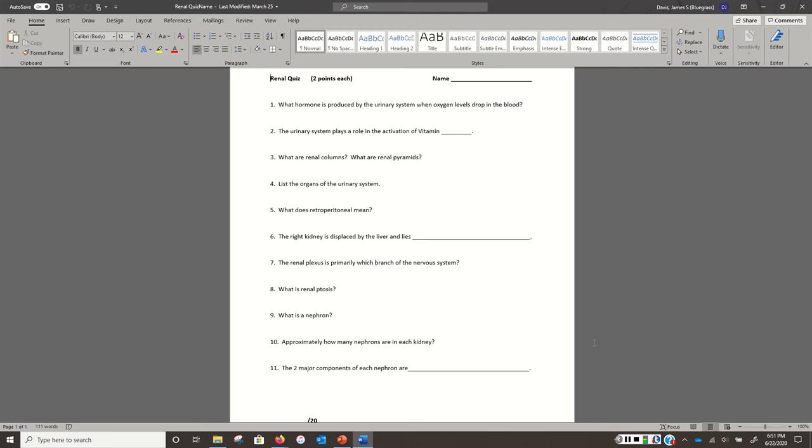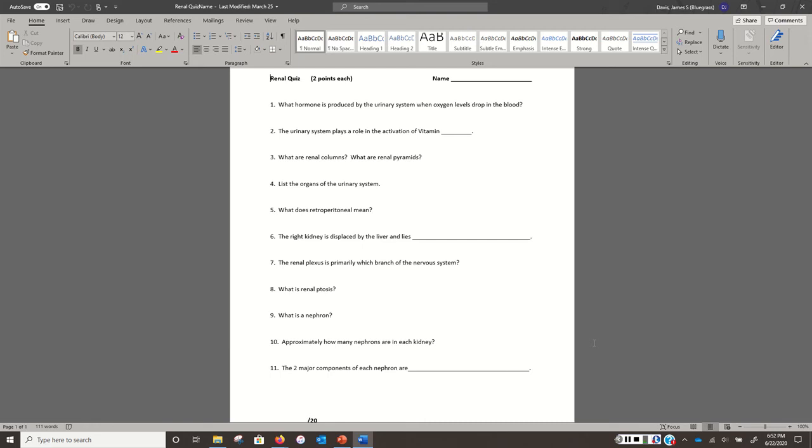The peritoneum wraps most of the organs in the abdominopelvic cavity, but behind the peritoneum is where we find the kidneys, and that's what retroperitoneal means. The right kidney is displaced by the liver and lies slightly lower than the left kidney.